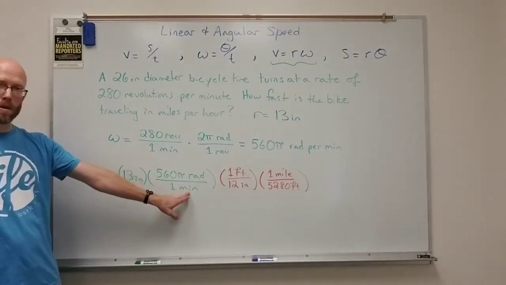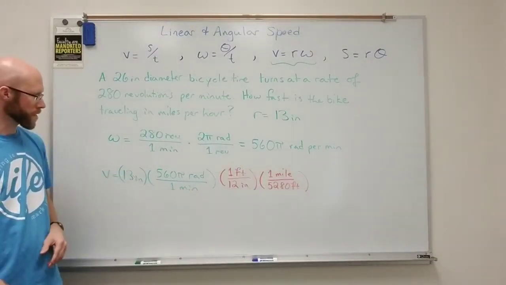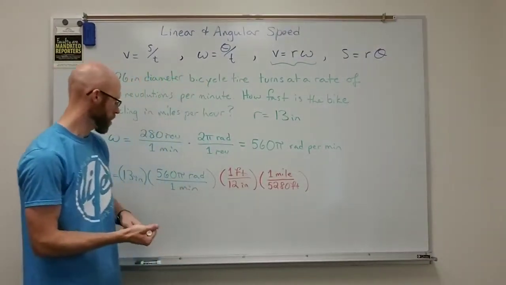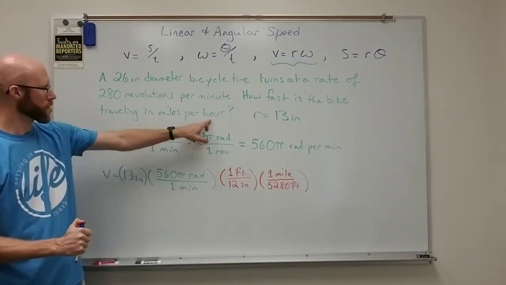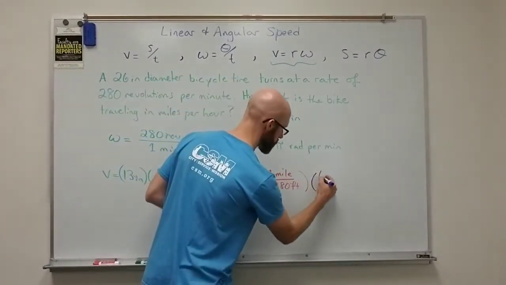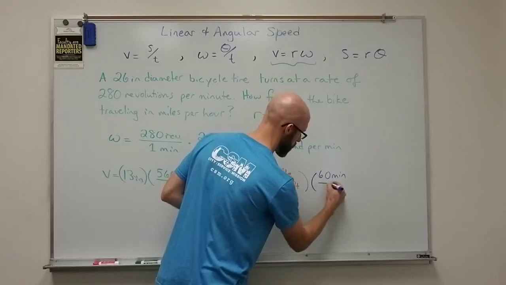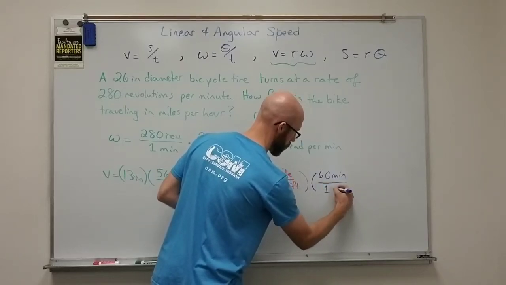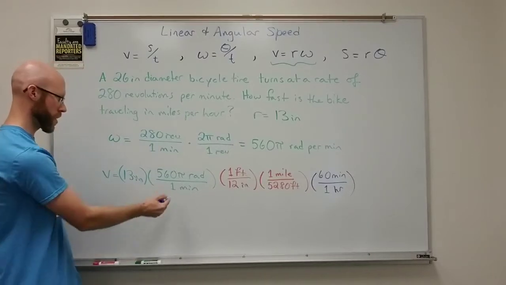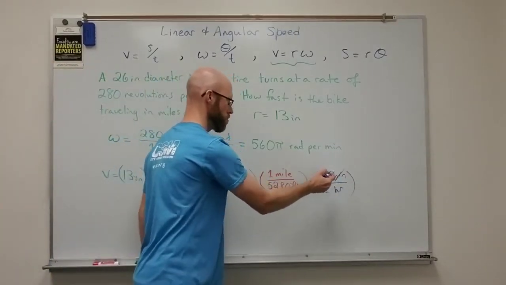Now we got to get rid of the minutes. We're going to convert them into hours, and we know there are 60 minutes in an hour, so we're going to multiply this by 60 minutes per 1 hour, and that will allow us to cancel off our minutes.